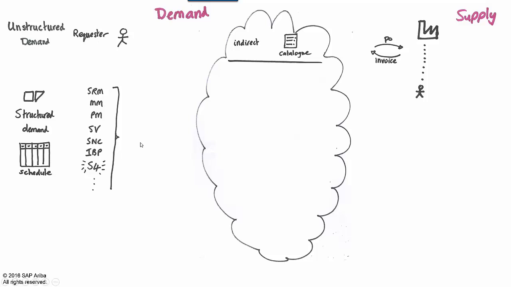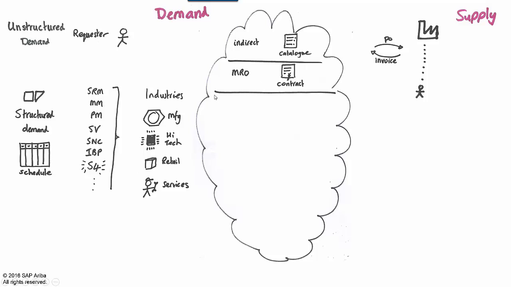The other thing to note is that different industries buy this type of stuff in very different ways. In structured demand, the types of data structures, the way they're exported and transacted, and the ways that suppliers interact vary considerably. So we have been working with the SAP industry teams in building this out. Now, many industries have MRO supplies for things such as safety supplies, and these often fall in the unstructured area.